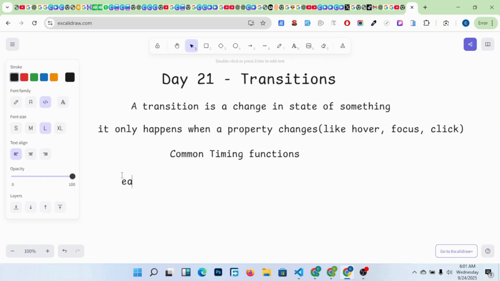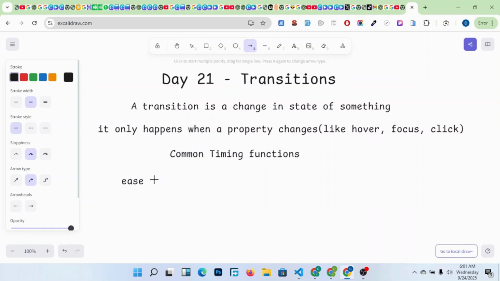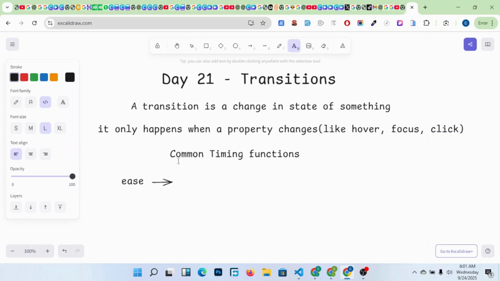One is called ease. Now, what does ease mean? It means a slow start, fast middle, and slow end.